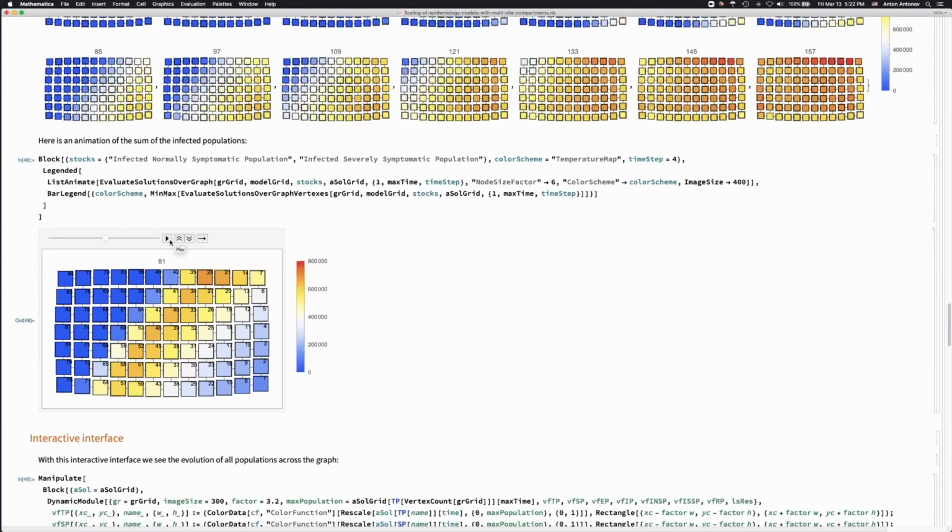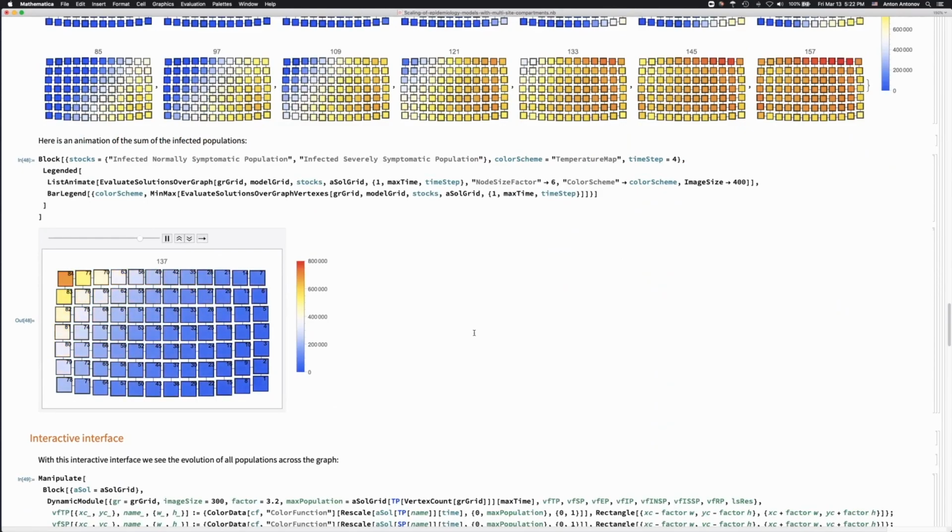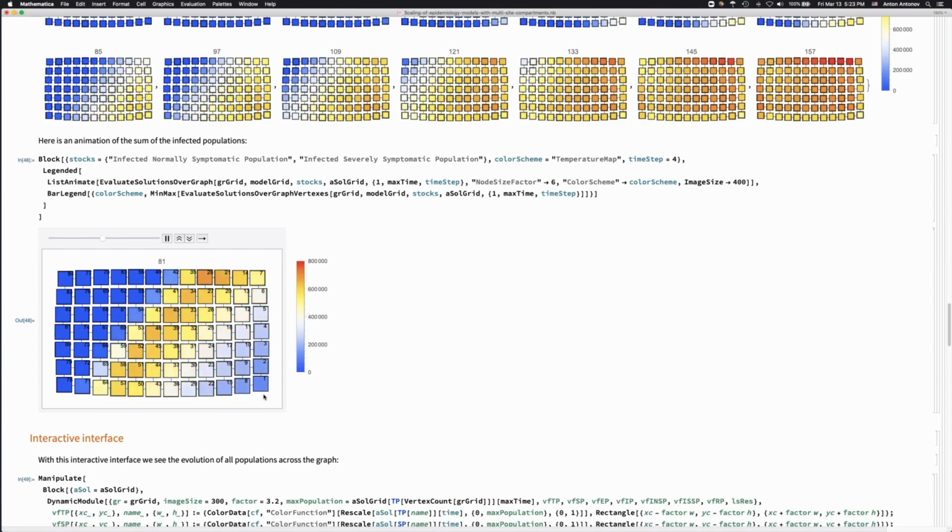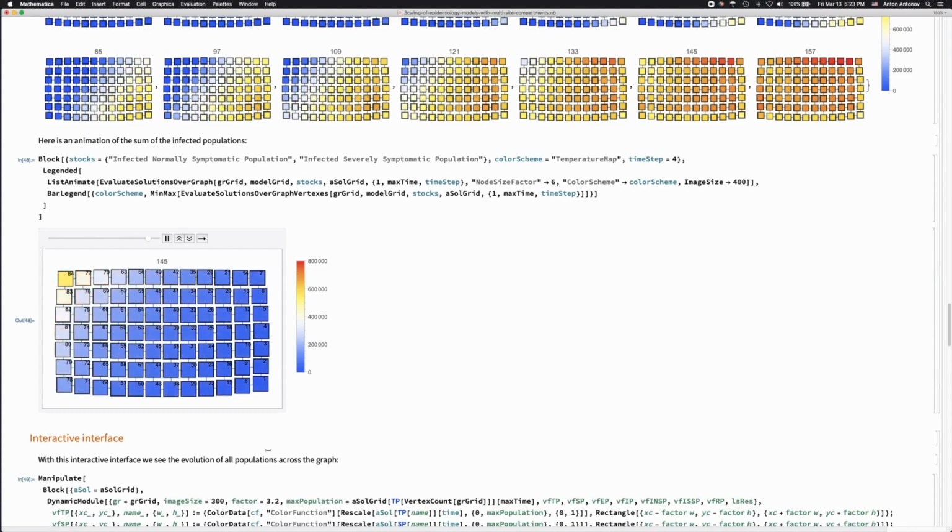This is the same data, and if we run the animation, we should start seeing how one person being infected in site one propagates throughout the entire network or graph of sites.